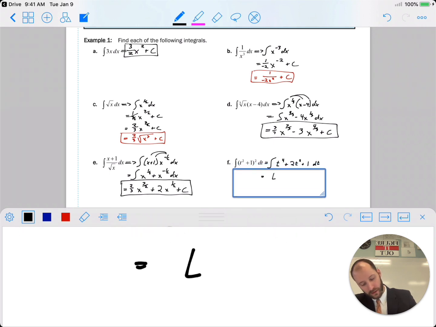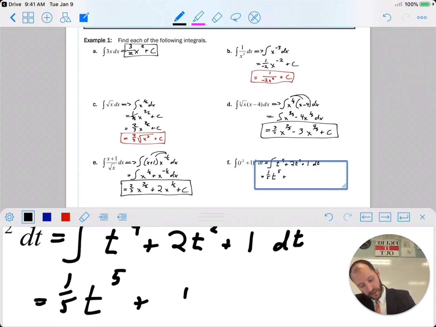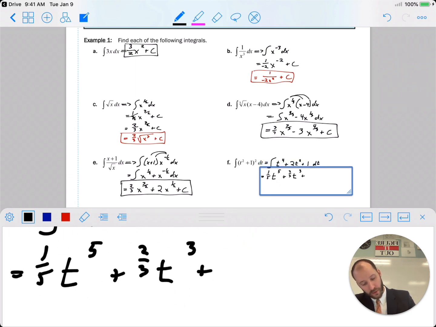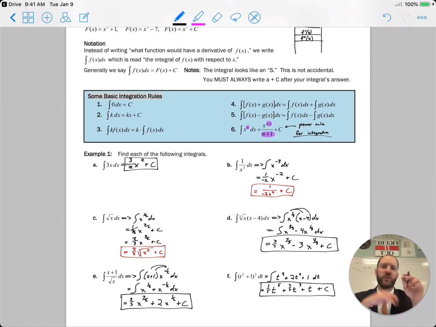And then t to the 4th, increase exponent by 1, so now t to the 5th, divide by 5, so 1/5, plus t to the 3rd, divide by the new exponent, 2/3, 1 becomes t, and don't forget, plus c. So just going backwards from what you saw at first with the derivatives.